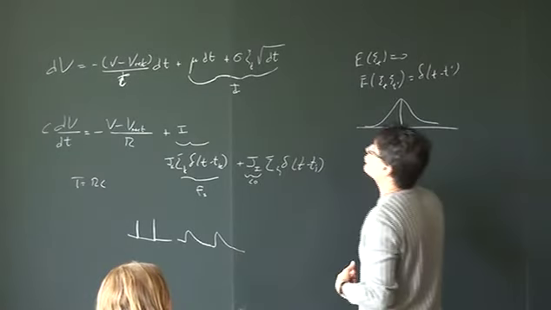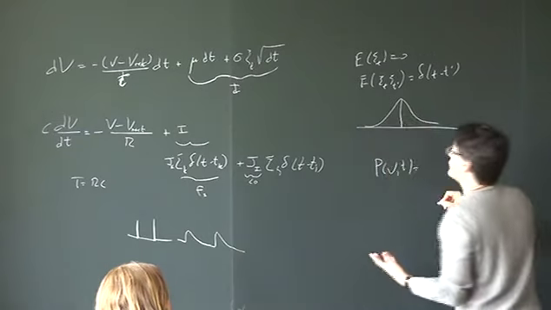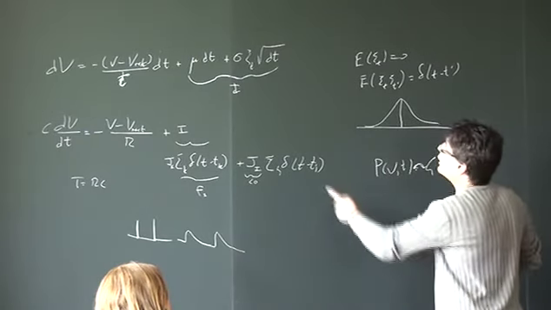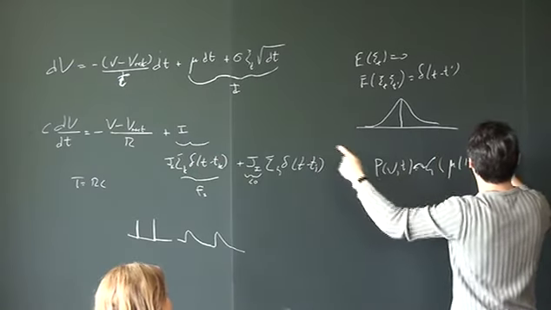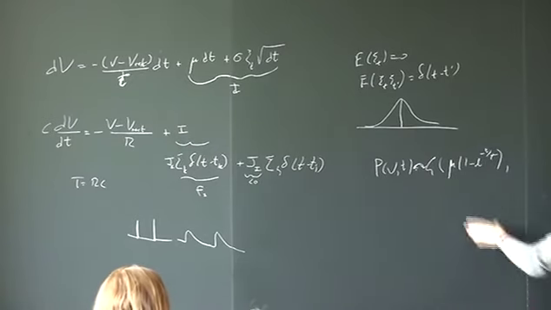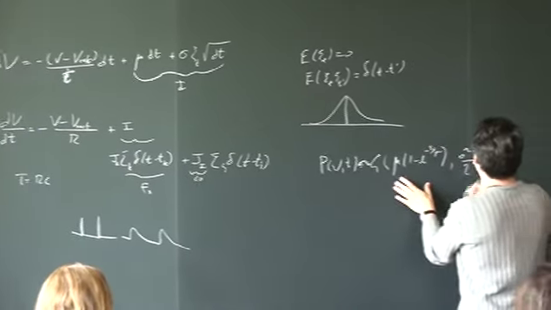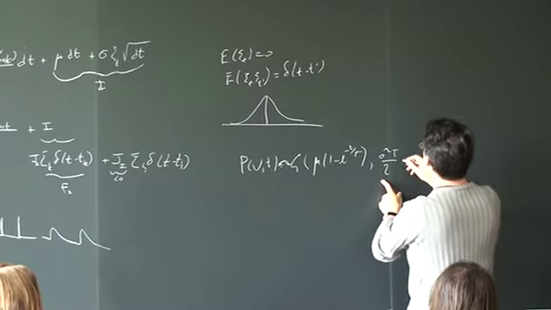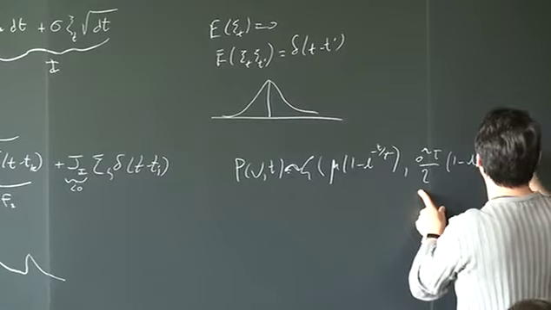It's a Gaussian distribution. So the probability of V at time t follows a Gaussian distribution with mean, I hope I remember these things correctly, and then the variance is going to be, I think, sigma squared tau divided by 2, times 1 minus e to the minus 2t divided by tau, where tau is the time constant.